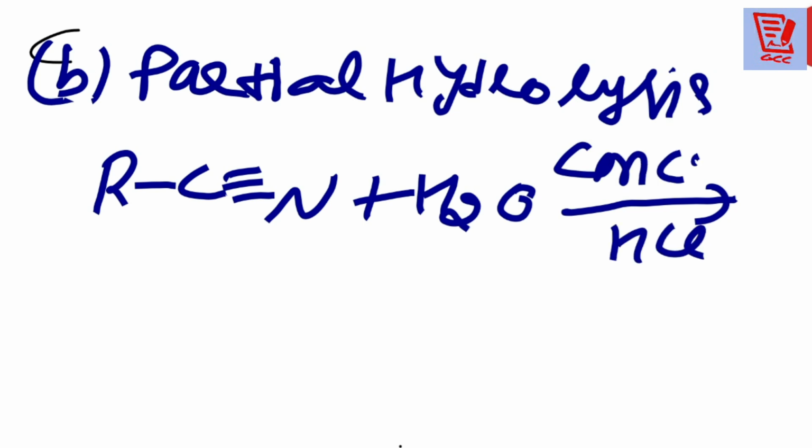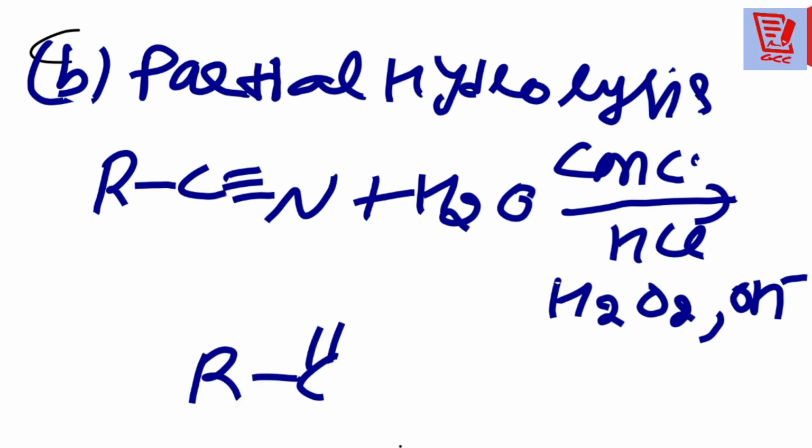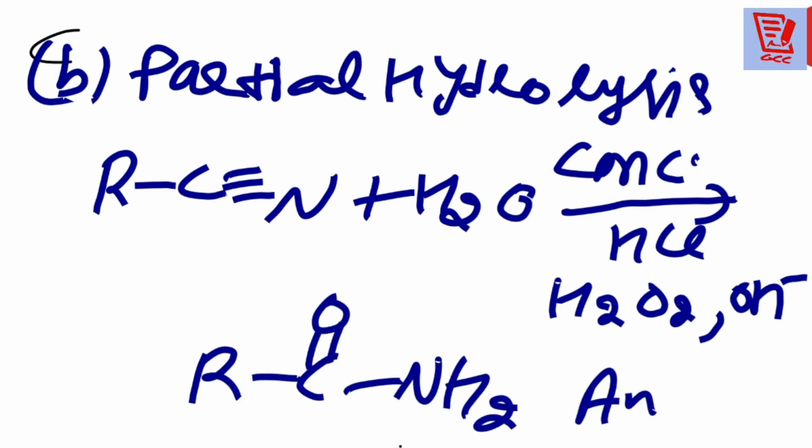In the previous case you can use dilute HCl, H2O2 or OH negative. And here I am writing the direct product. We will get RCONH2. This is called amide. What do you call it? Amide.